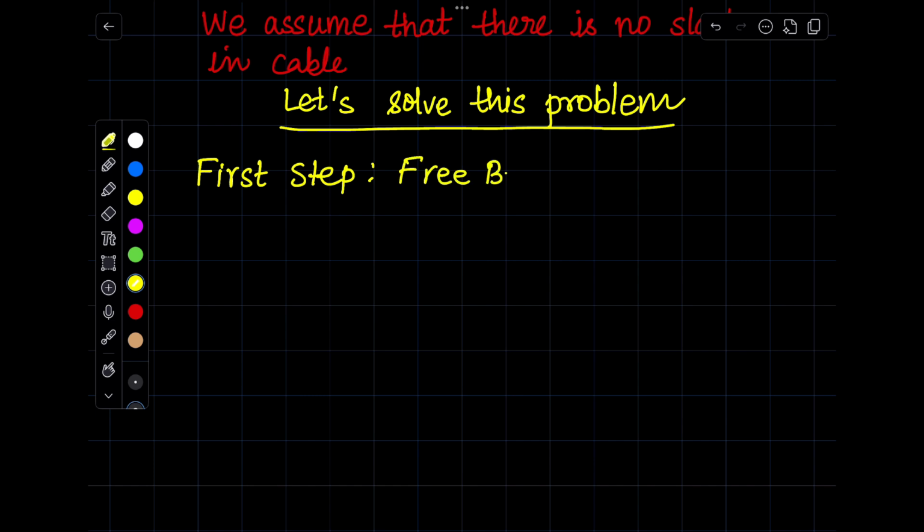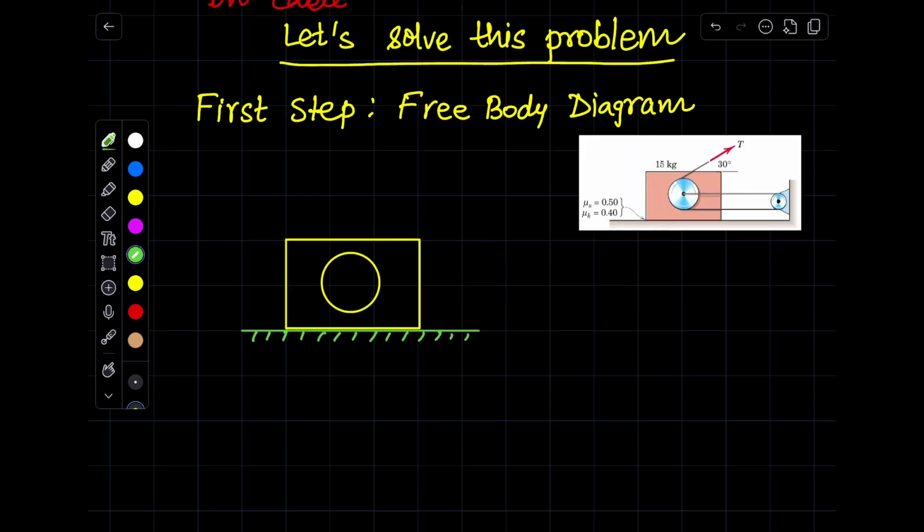Now let's see how to make the free body diagram. First I will make a box or block on the surface, and as per this problem there is friction on the surface, and the kinetic friction and the static friction are given.